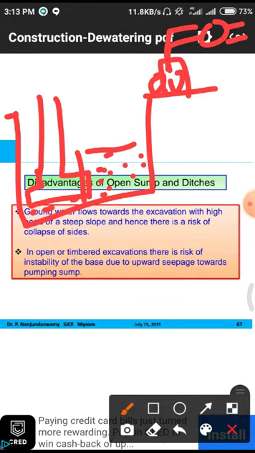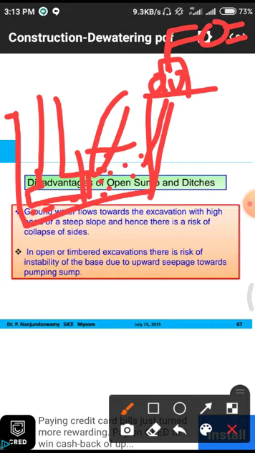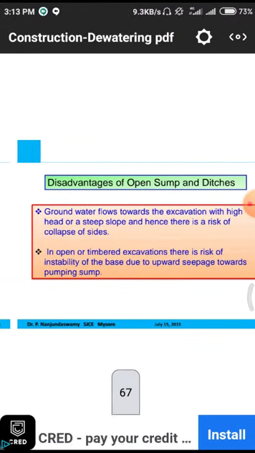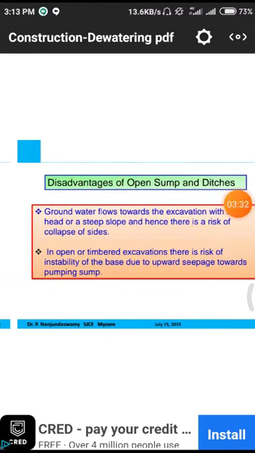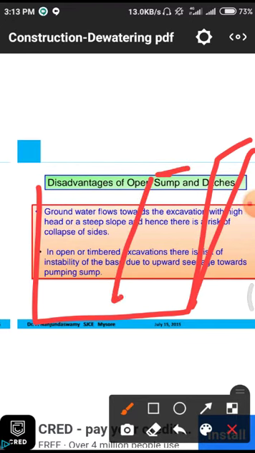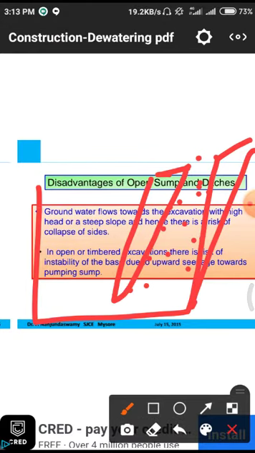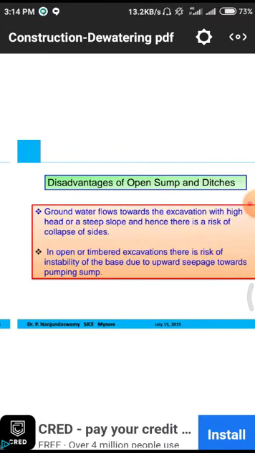So there is a chance for all these particles to skid. I am giving an example: this part of the land has a chance to slip into the soil.